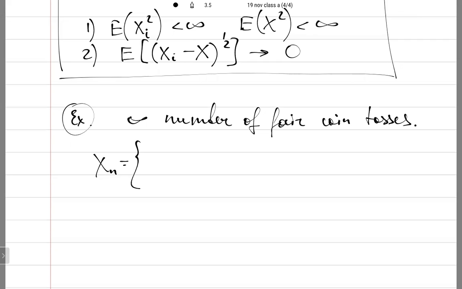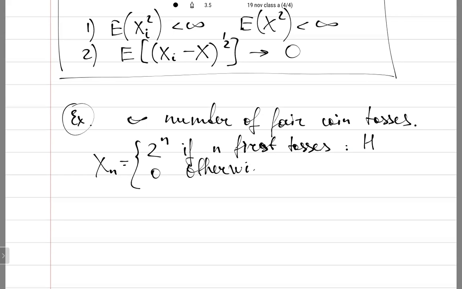Let's imagine a variable xn that is equal to 2 to the power n if the first n tosses were heads, and 0 otherwise. Let's imagine such a random variable.